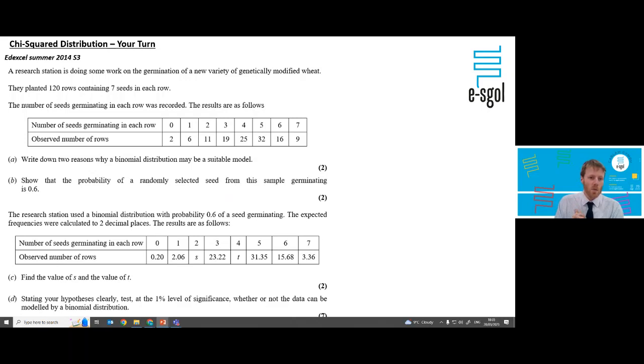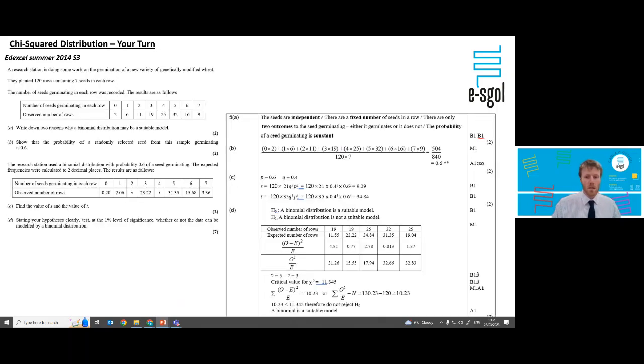And I'll just pause there. This one isn't a Poisson distribution. I think this is a binomial one, which is the other type of distribution they might want you to compare. They also might want you to compare a uniform distribution. And then on this next slide is the mark scheme for it.